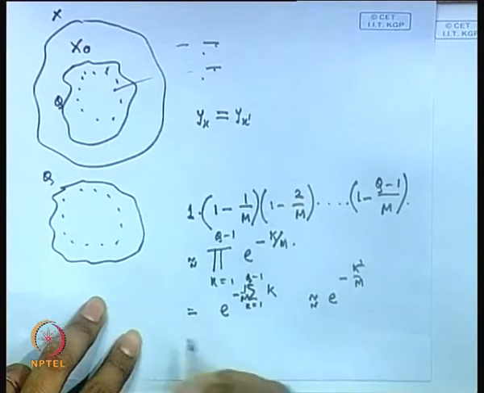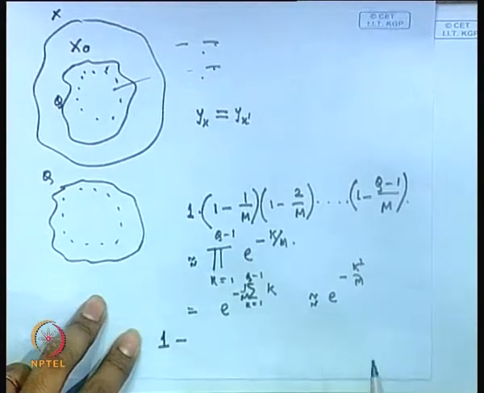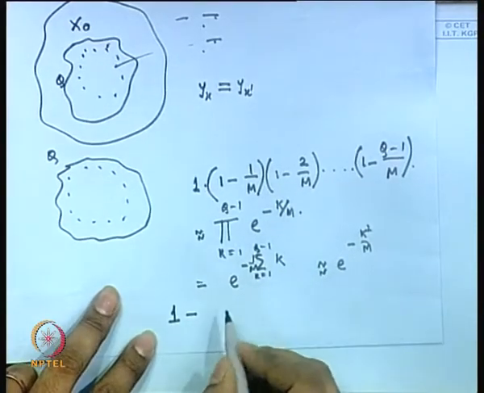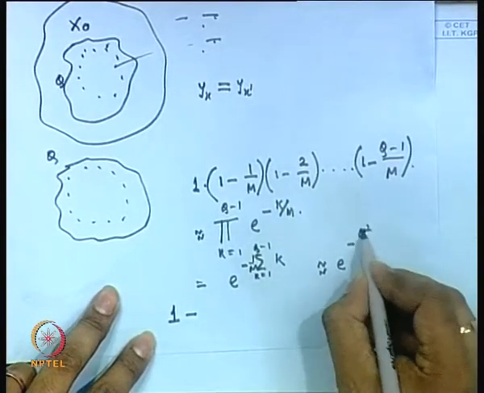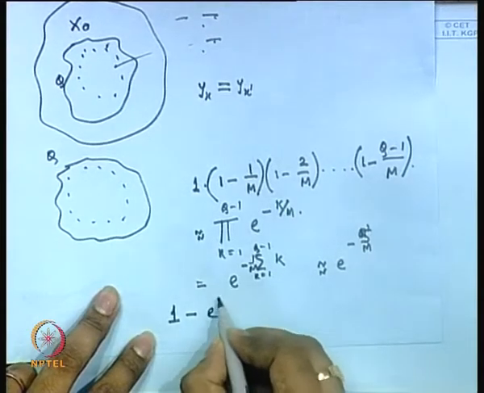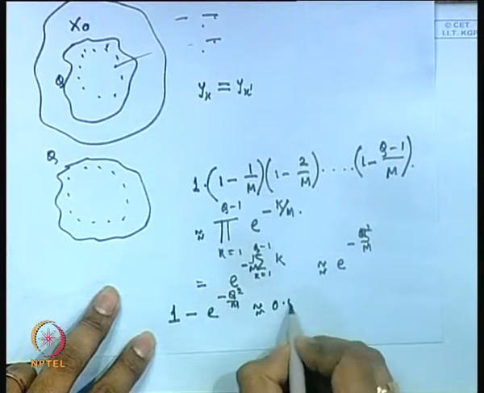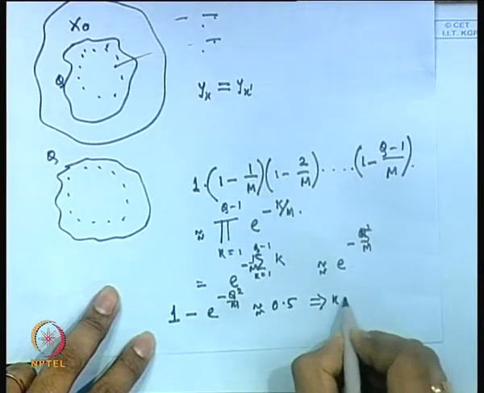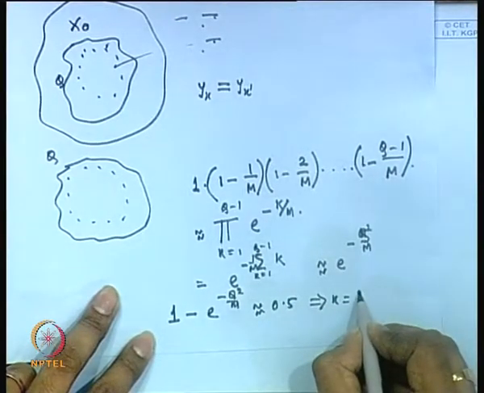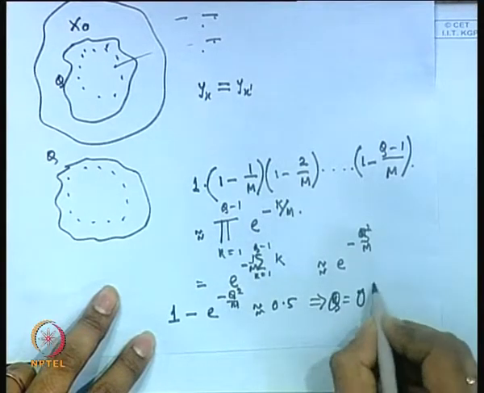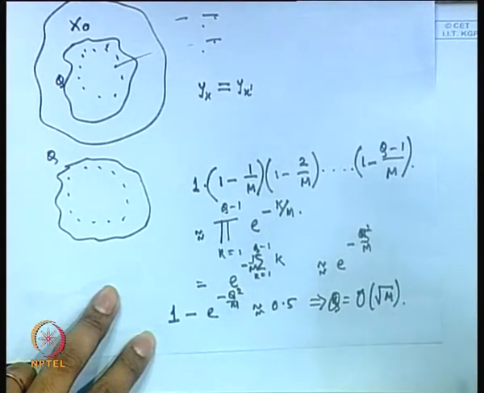So the probability of actually finding a collision will be 1 minus e to the power of minus q square by m, and if I roughly make it 0.5, then I know that q is roughly of the order of square root of m.